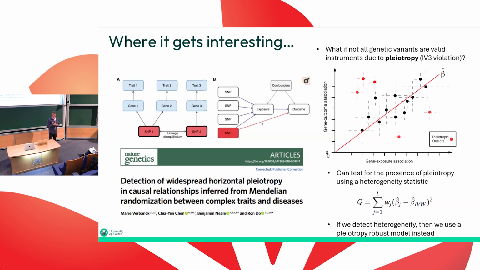Yeah, you're right here. In this plot on the left, plot A, we've got SNP2. It would be a valid instrument if you conditioned on SNP1, wouldn't it? So you can do that. You could calculate the conditional association between SNP2 and trait 3, conditional on SNP1, and that would be a way of blocking it.